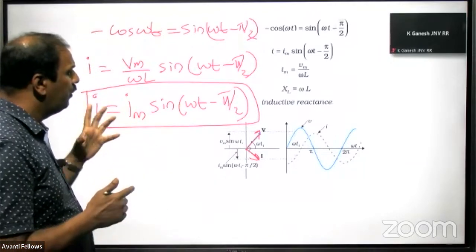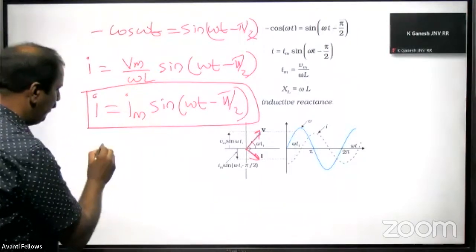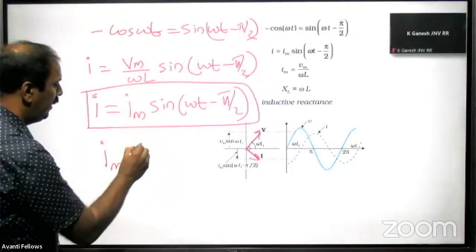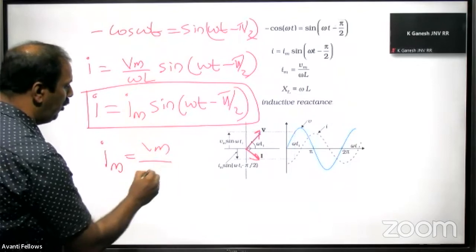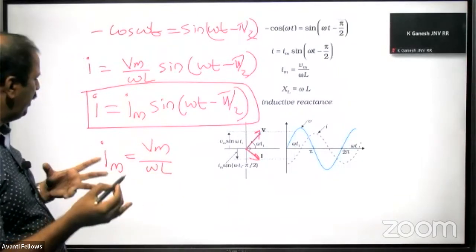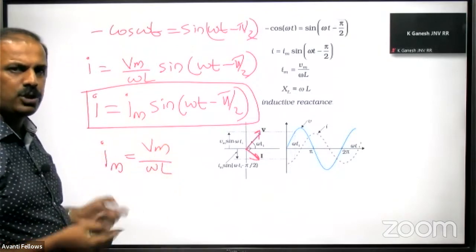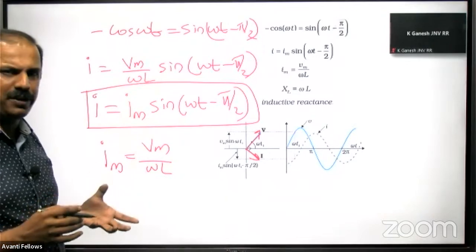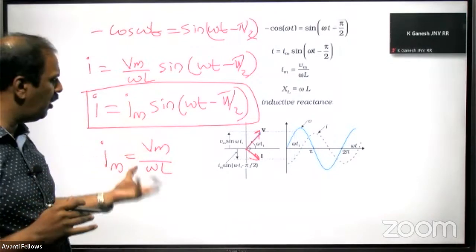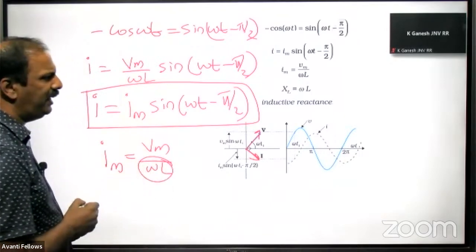Now, this part also I will take once more. This Im is given by Vm by omega L. Actually, in the normal equation, current is equal to voltage by resistance. Resistance is actually the opposition. Here in the place of resistance, this omega L is coming.